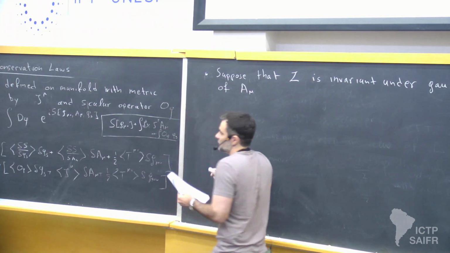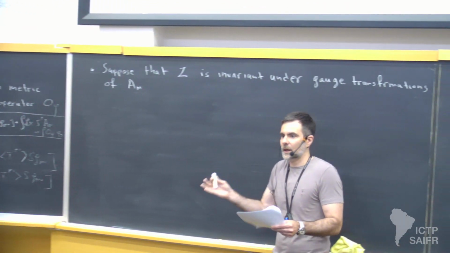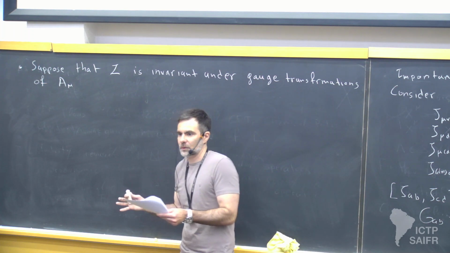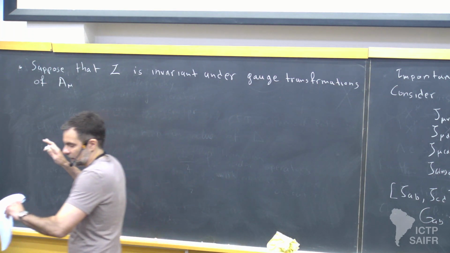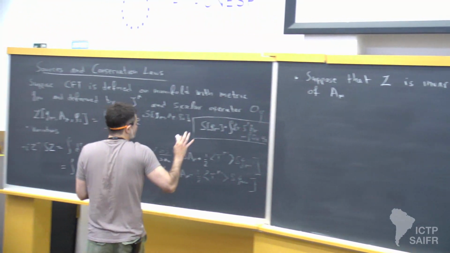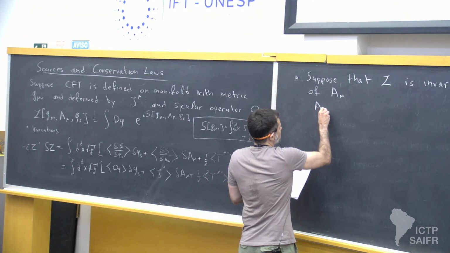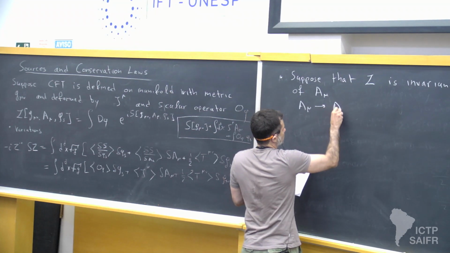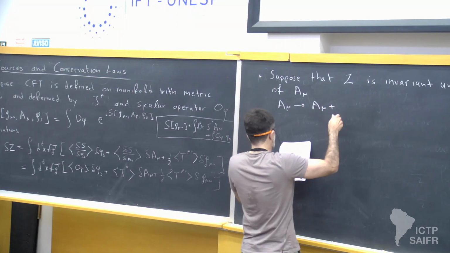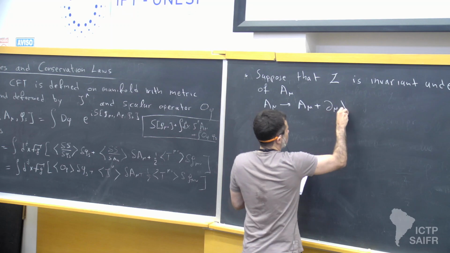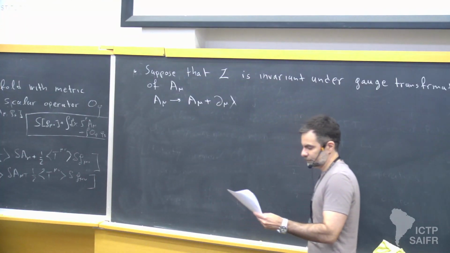Right, so A mu is just some fixed field. There is no dynamics about it. I'm not integrating over A mu. However, if the partition function is invariant under gauge transformations of A mu, this means that I am invariant under shifts like this, where lambda is some function.